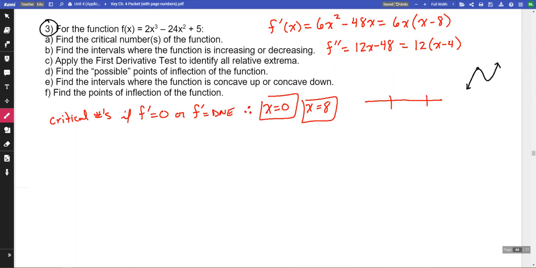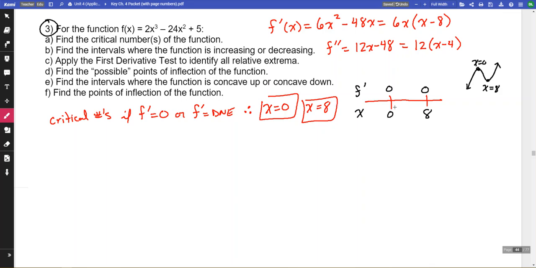And we actually know that this x value is going to be an x value of 0, and the x value over here is going to be an x value of 8. All right, but let's go ahead and do our sign analysis. The zeros are at x is 0 and x is 8, and the multiplicity is 1 for each of them.